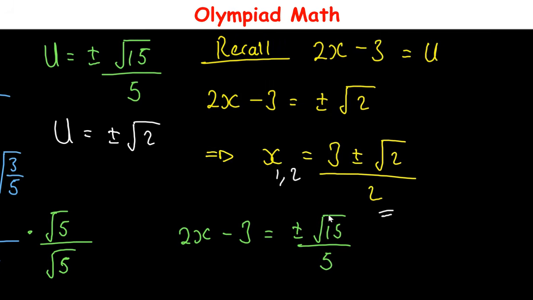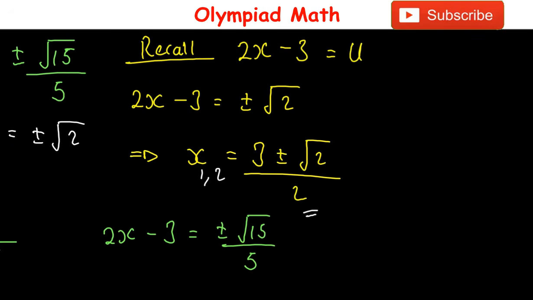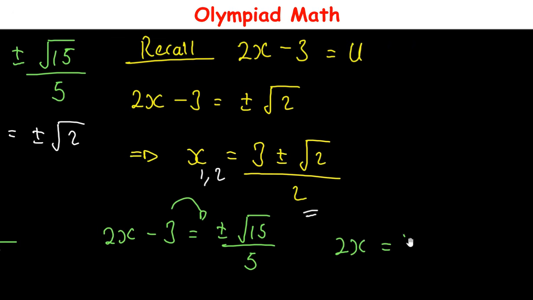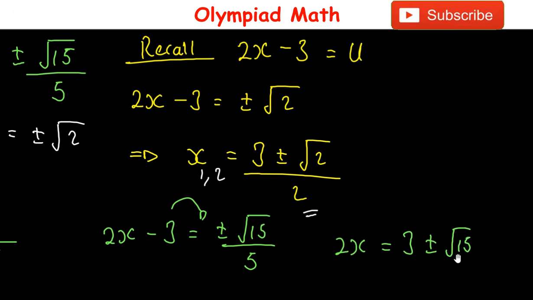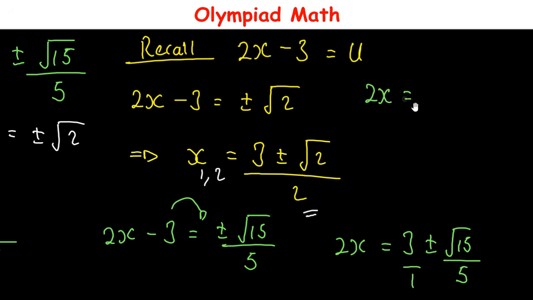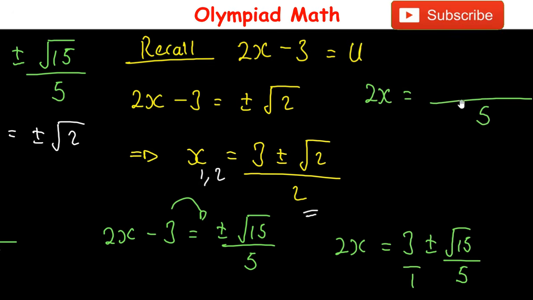Moving -3 to this side, 2x is equal to 3 plus or minus root 15 over 5. Writing 3 as 3 over 1, the LCM of 1 and 5 is 5, so we have 2x equal to 15 plus or minus the square root of 15, over 5.